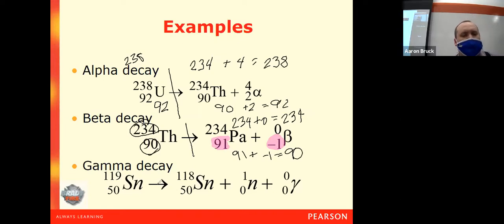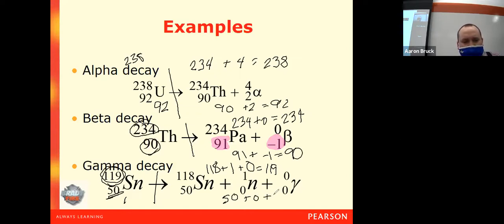Gamma decay can come in a number of different forms. This is one of the forms where we can see that we had 119 for the tin on the reactant side. We have 118 for the tin on the product side, plus a neutron, plus the zero mass gamma particle. That in total gives me 119. And for the 50, we have 50 for the tin, no change in the neutron, no change in the gamma particle.